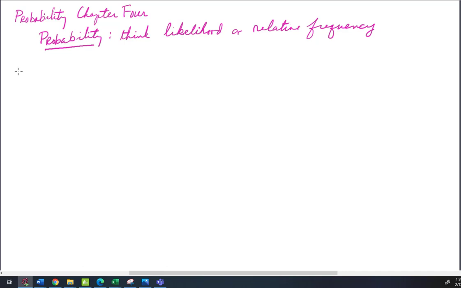And that's probably fairly close to your native or intuitive understanding of probability.